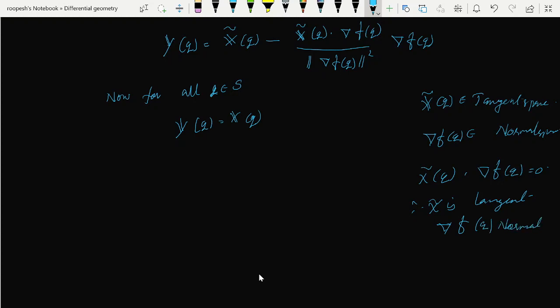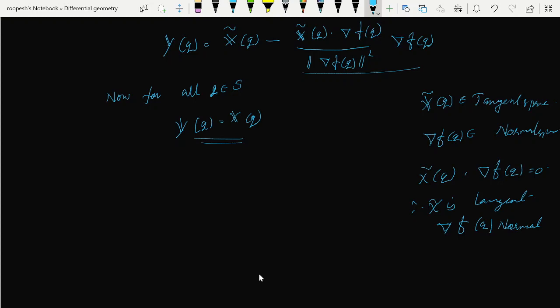So this entire quantity is equal to 0, which means Y of q is nothing but X tilde of q, or we can say that X tilde of q is nothing but X of q whenever q belongs to S. So we are having Y of q is equal to X of q for all q belongs to S.